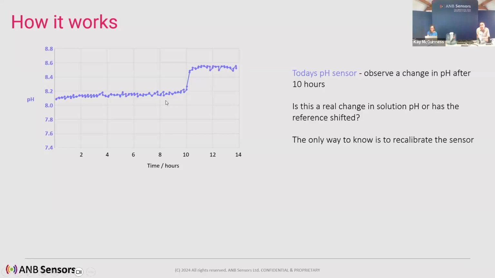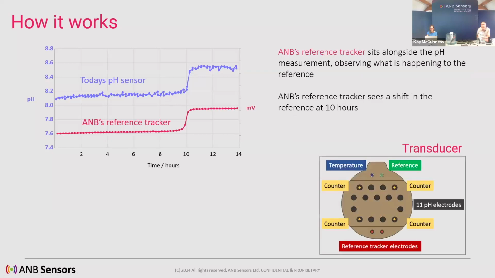Well, on a traditional glass electrode, after 10 hours, you see a change in pH. Is that change in pH really a change in the pH of the solution or a reference electrode change? We incorporate in our sensor a reference electrode tracker, shown in the red dots on the transducer. The transducer is the replaceable part of the sensor and is used to determine the pH of the solution.